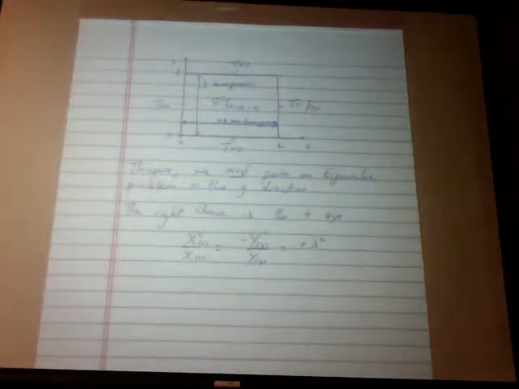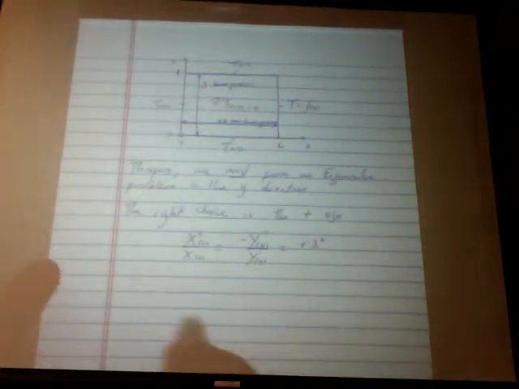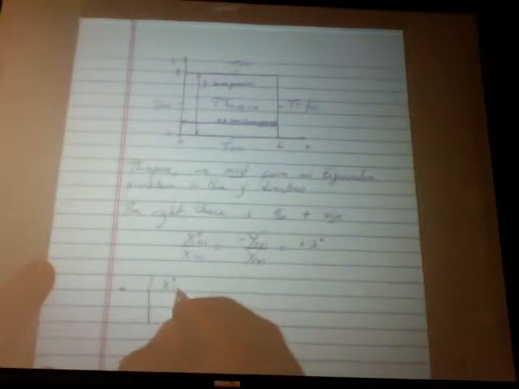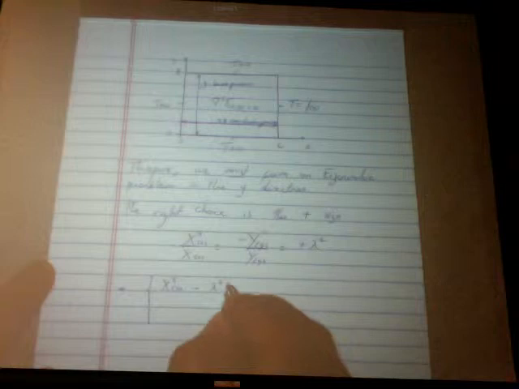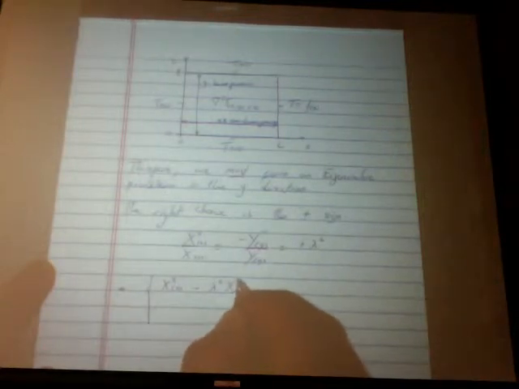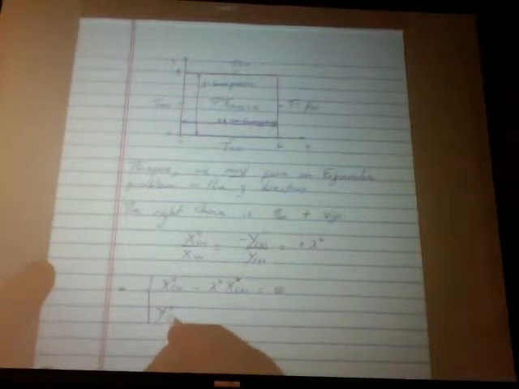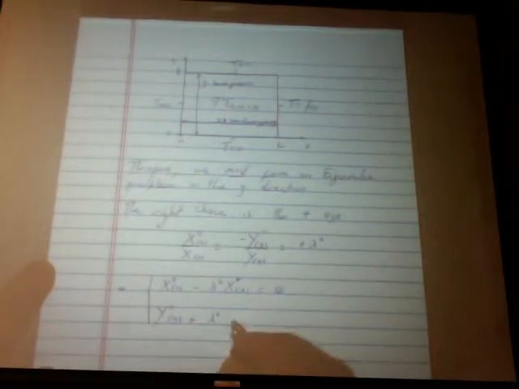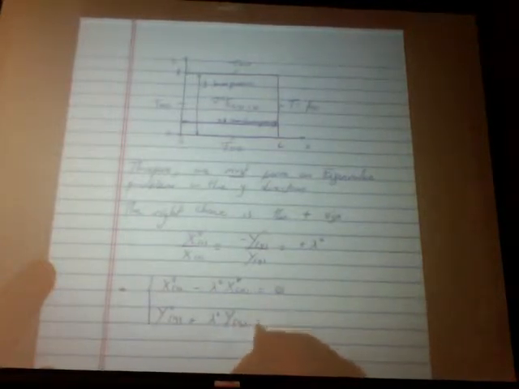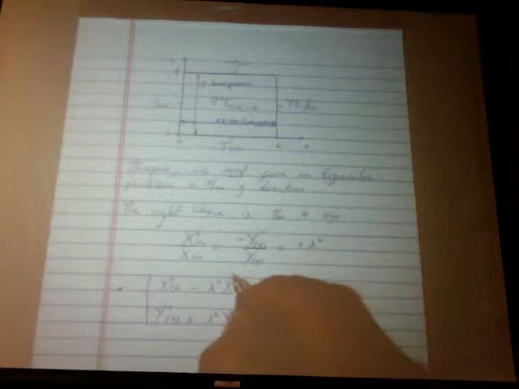I am going to decide that that constant that I use to identify the equality is positive. Because then, if you notice, this is going to result in two problems. X double prime of x minus lambda squared X of x is equal to 0. And Y double prime of y plus lambda squared times Y of y is equal to 0. Okay, disregard this little mark here, that's nothing.